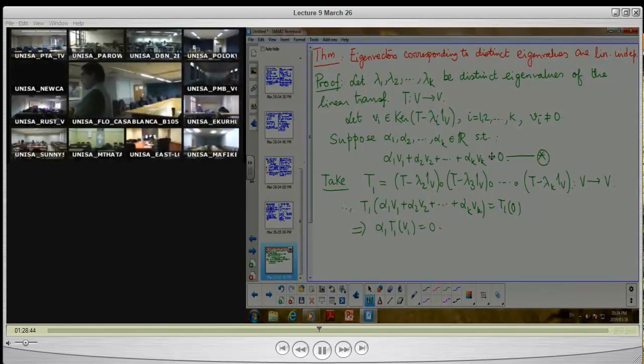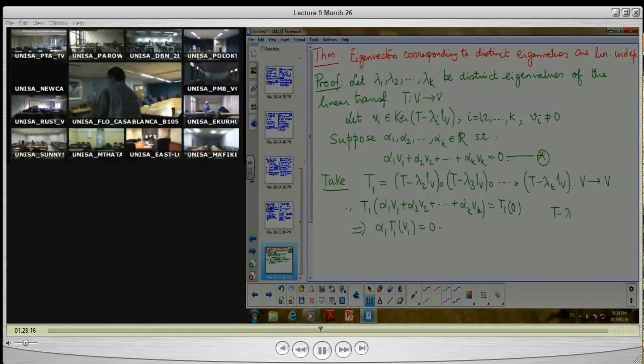Well, it is T of V1 minus lambda 2 of V1, that is not 0. None of them is 0, right? Not only that, something is important: T minus lambda 2, this cannot be 0, right?